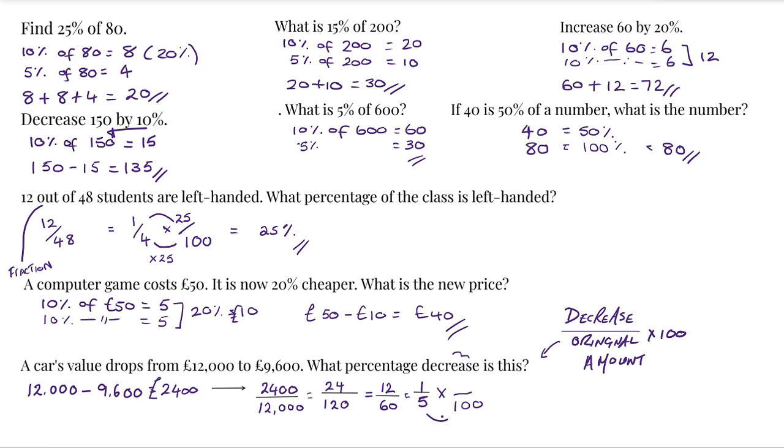What do I times to get to 100? 5 times 20 gets to 100. What you do to the bottom, you do to the top. So our percentage is 20%. Okay, so that's our percentage decrease.